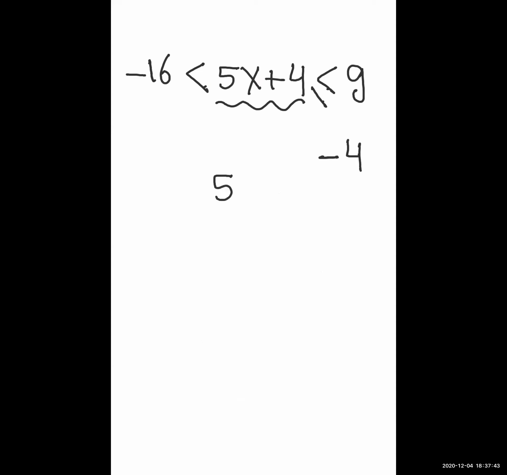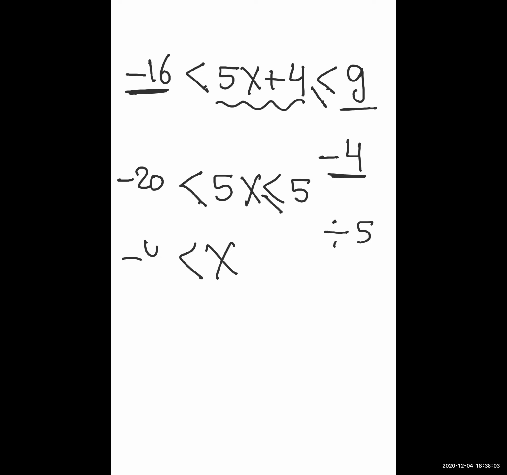So 5x greater than -16 minus 4, which means -20, and 9 minus 4 means 5. Now divide by 5 to get x. So x greater than -4 and less than or equal to 1.